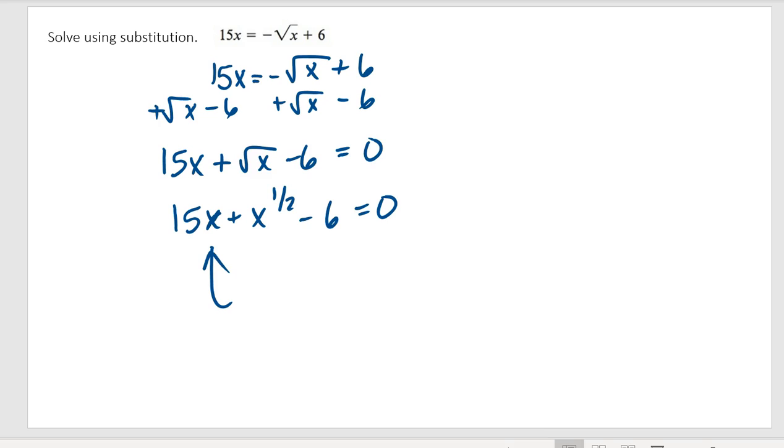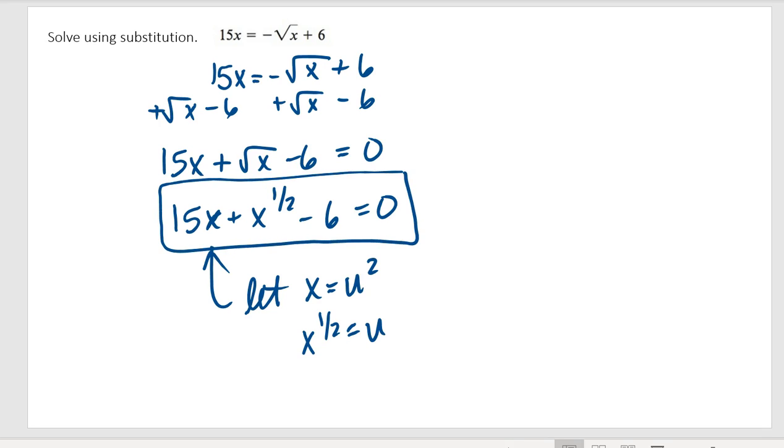Now we're going to let x equal u squared. And then we're going to take the square root of both sides and we'll say x to the 1/2 is equal to u. And we'll make our substitution. So we're going to replace x with u squared, and we're going to replace x to the 1/2 with u.